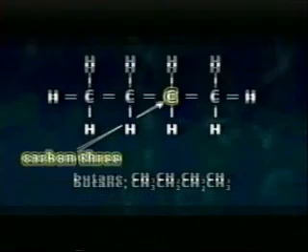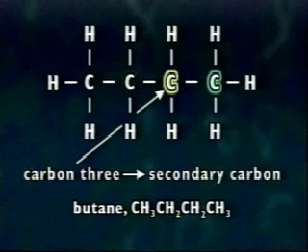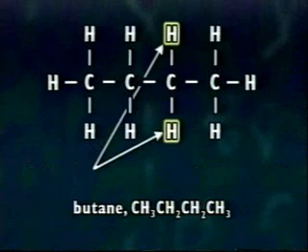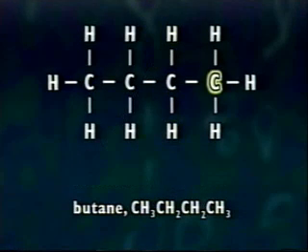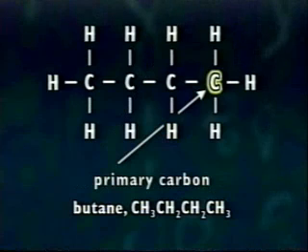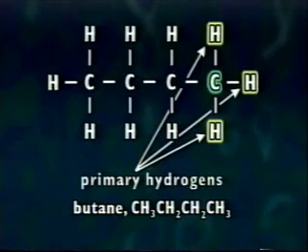Make sense? Carbon 3 is also a secondary carbon because it's got 2 other carbons attached to it. And the hydrogens on carbon 3 are also secondary hydrogens. Carbon 4 over here on the end of the chain is a primary carbon again because it's only attached to one other carbon. And the hydrogens attached to it are primary hydrogens.